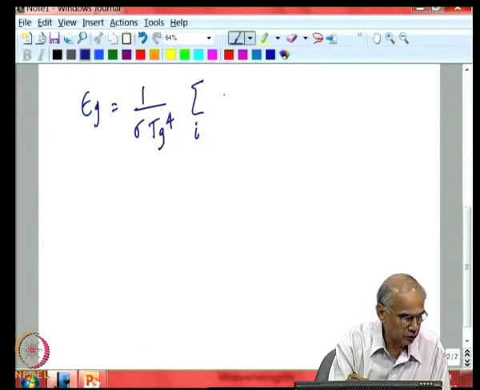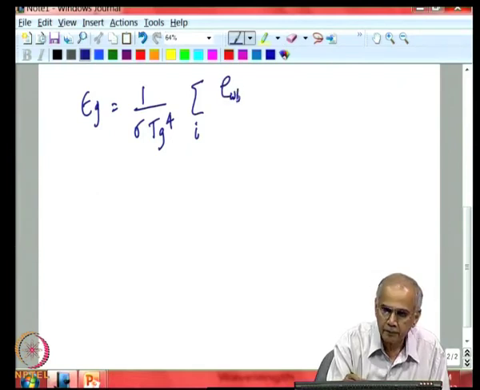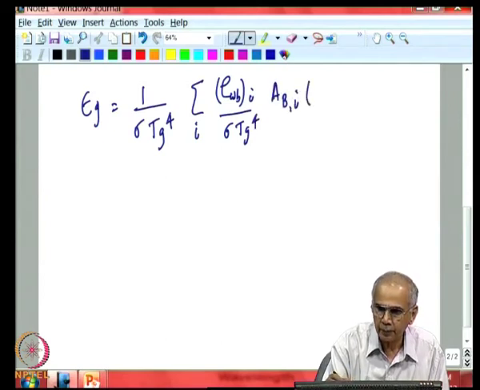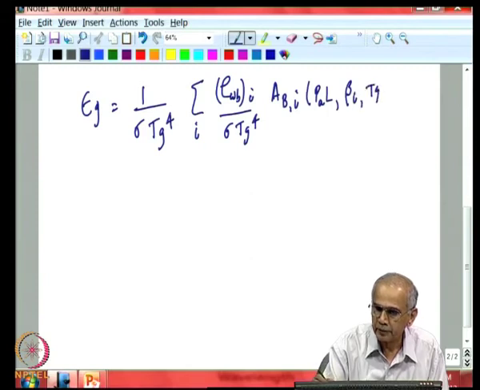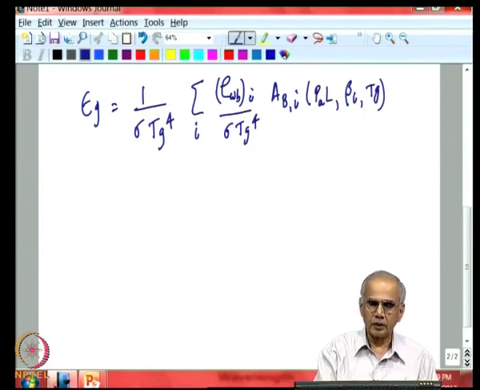So this will be nothing but the value of the black body emissive power at the center of the band, divided by the temperature, and then the ith band property, depending on the path length of the gas, the line structure parameter of the ith band, and temperature. So, this quantity is what is available for gases like carbon dioxide, water vapor, and so on.